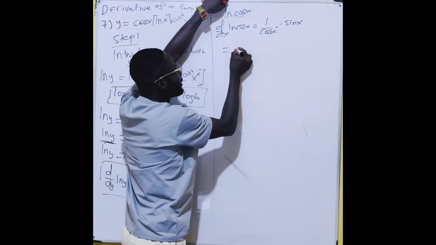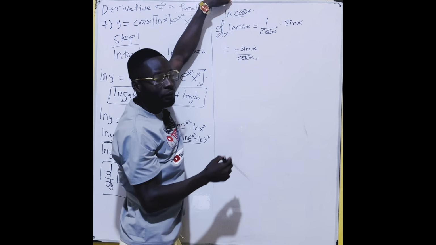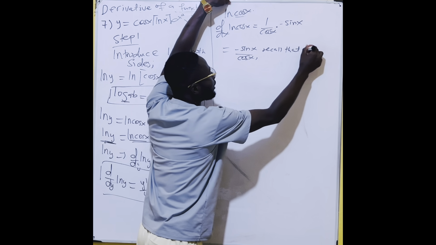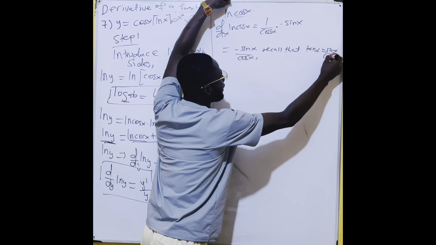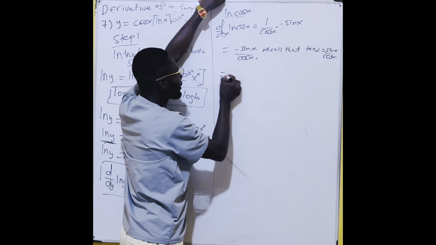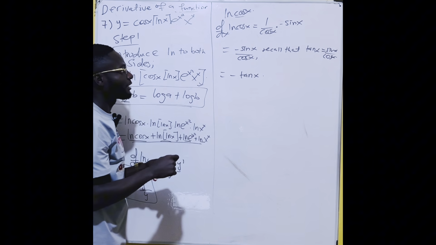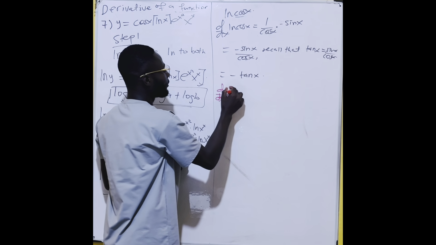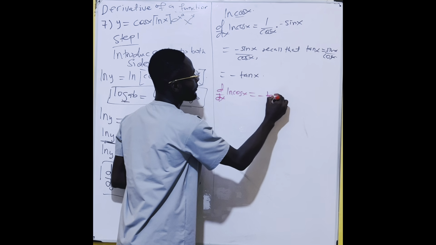So we have negative sine x over cos x. Now recall that tan x is equal to sine x over cos x, right? So we are going to substitute tan x in place of this. So we're going to have negative tan x. So that means that the derivative of ln cos x with respect to x is equal to negative tan x.